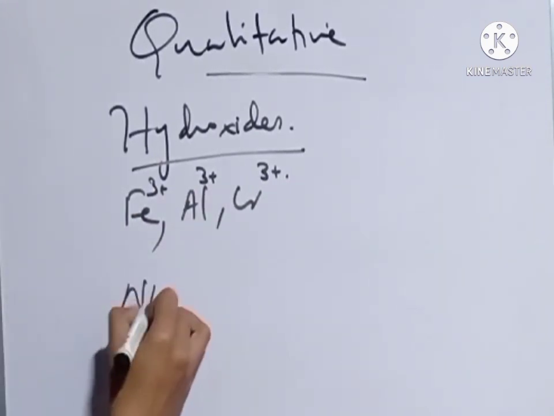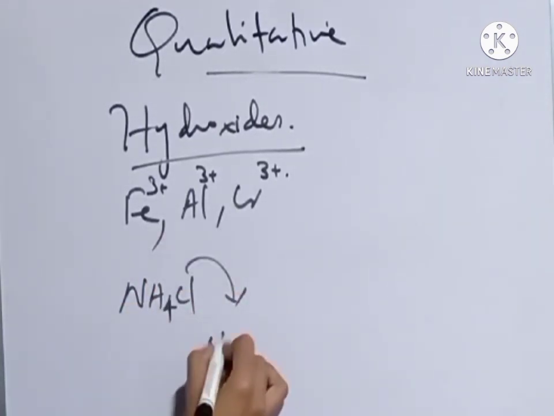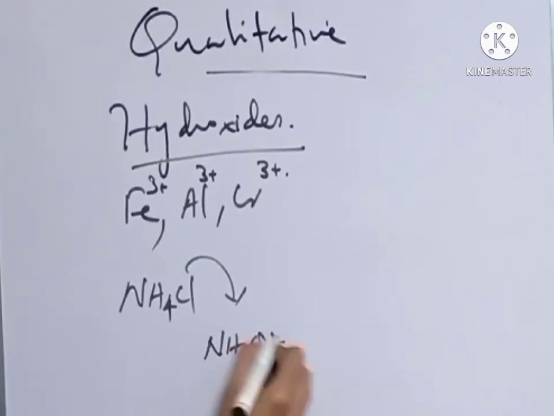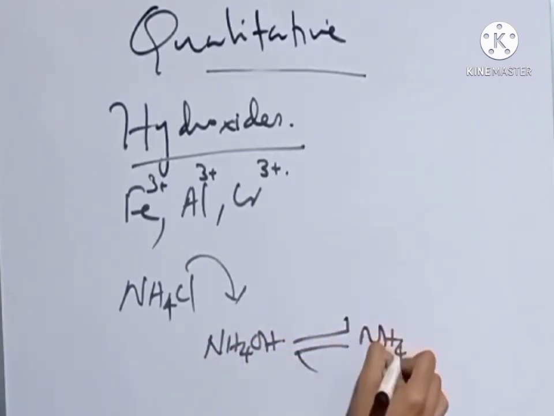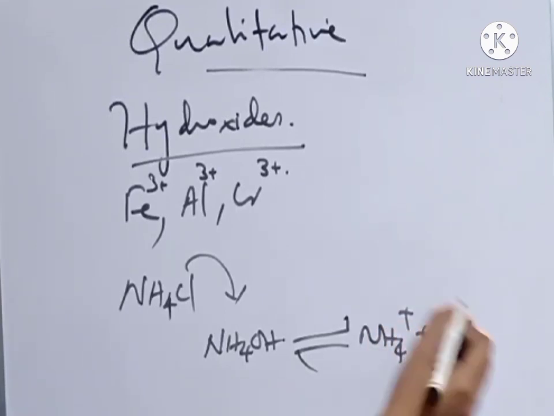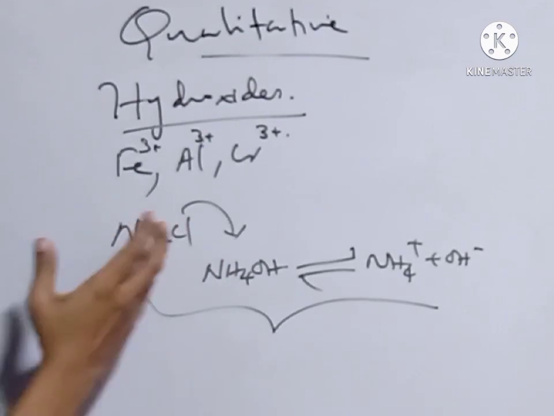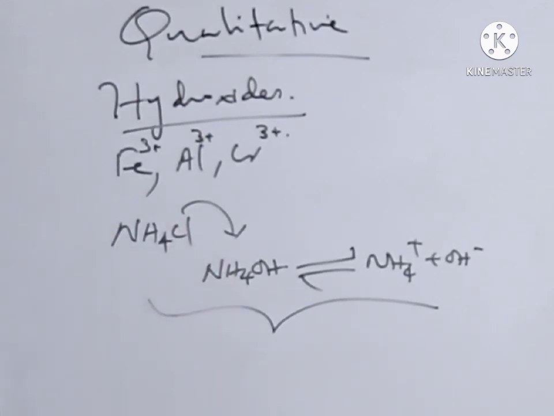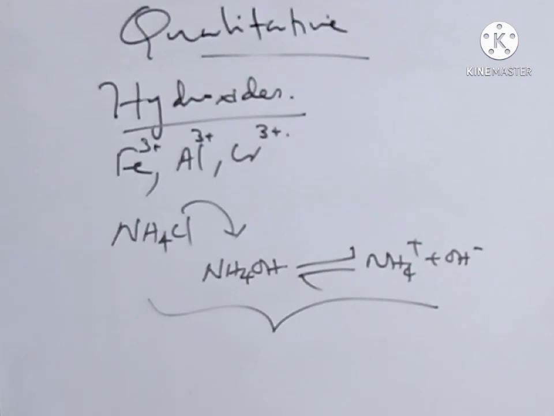Here, ammonium chloride is added to the weak electrolyte ammonium hydroxide. Ammonium hydroxide dissociates as NH4+ and OH- ions. So when we add ammonium chloride to ammonium hydroxide, the concentration of the ions becomes lesser by the common ion effect.